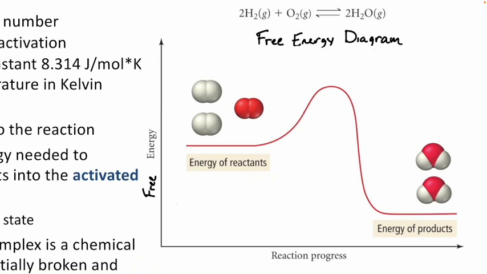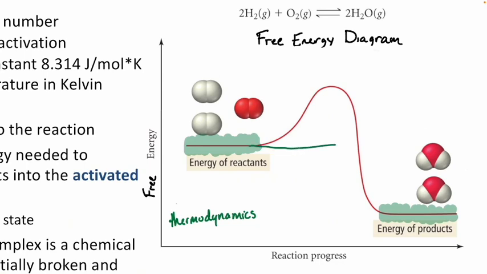If we look at the beginning point and the end point of this curve, the energy of our reactants and the energy of our products, we can get information about the thermodynamics of this reaction, whether or not it occurs spontaneously or non-spontaneously, because that just corresponds to the difference between these two energy levels.